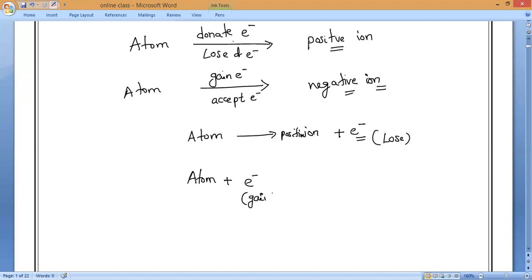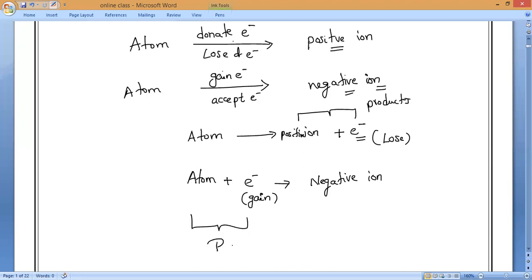It is gain of electrons, so that it will turn into a negative ion. Please remember that. This is very, very important. Even in class 10th, people are always quite confused. By loss of electron, remember, loss we will show on the product side, gain we will show on the reactant side.